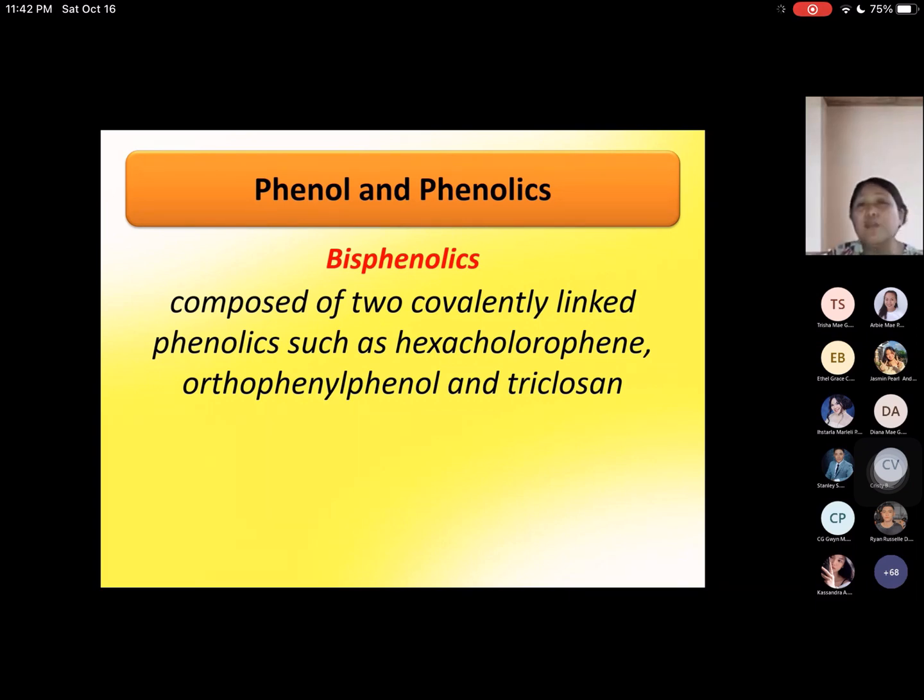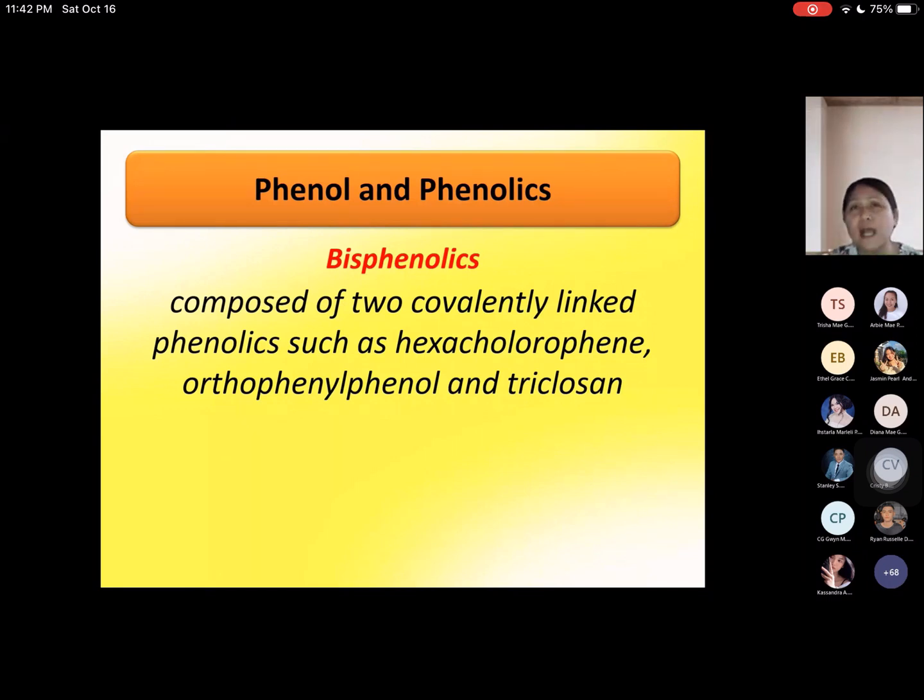Excessive use can lead to neurological damage. So hexachlorophene is a bisphenolic. The orthophenylphenol is the main ingredient of Lysol.